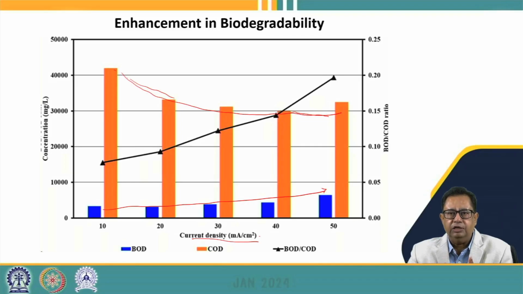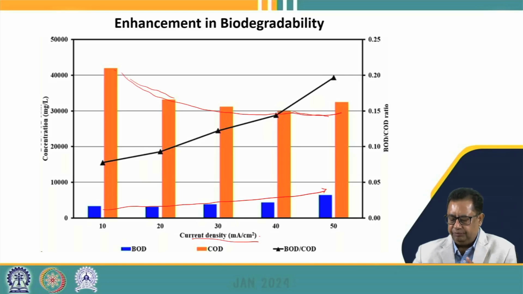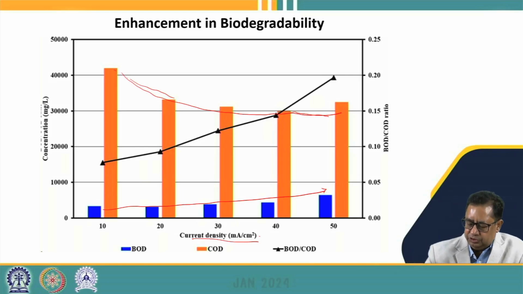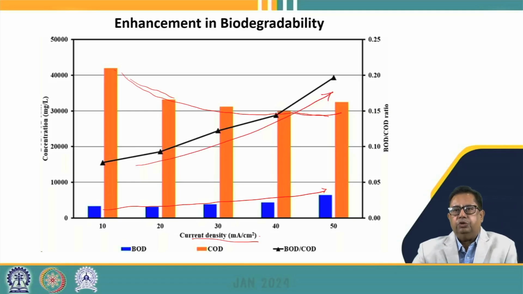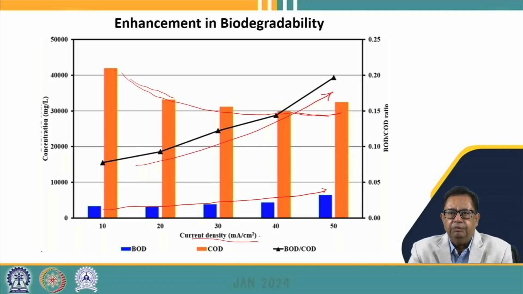The BOD values are increasing because now the toxicity in the pharmaceutical wastewater is getting reduced, and because of which the biodegradation of such wastewater is getting increased, right? And that's why you see that the BOD by COD ratio is increasing, and the BOD by COD ratio is a very important measure for checking the biodegradability of a wastewater.